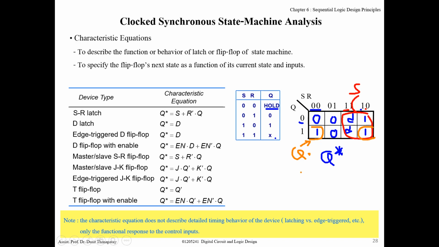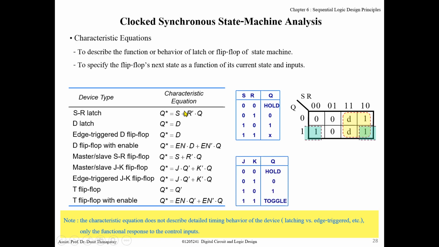R is 0, right? And R prime. That means Q star now is S plus R prime Q. Okay, this one. Easy, right? This is the characteristic equation for the SR latch.